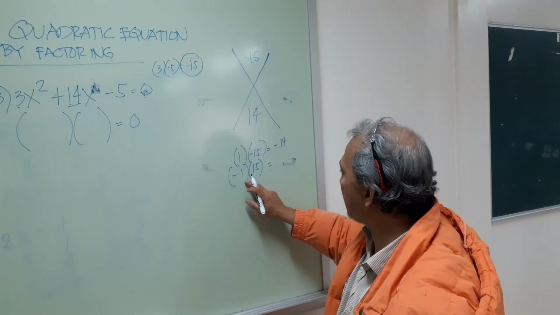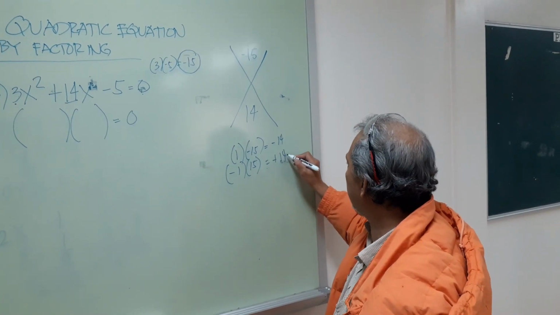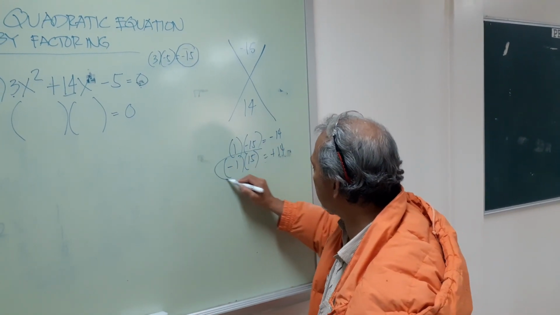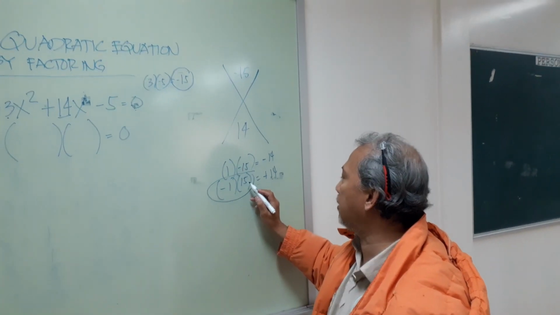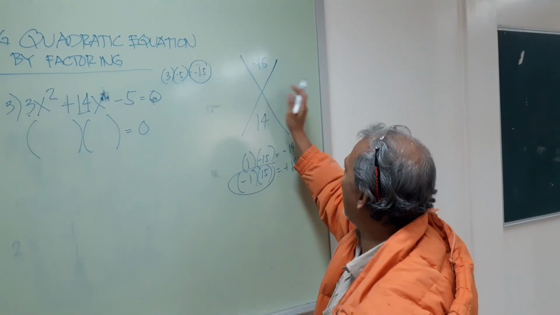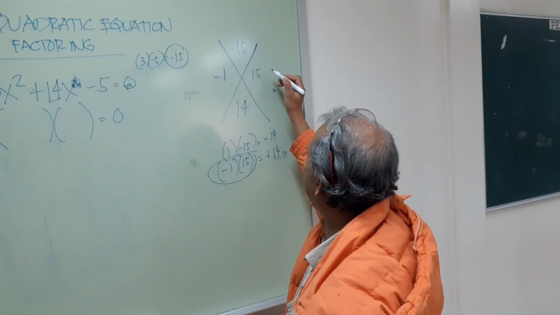Negative 1 plus positive 15 is positive 14. So this is positive 14, so we will use this one. Negative 1 and 15. You can put this on either side. So negative 1 and positive 15.